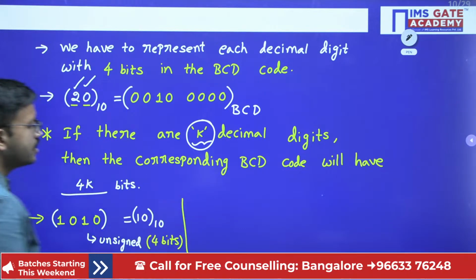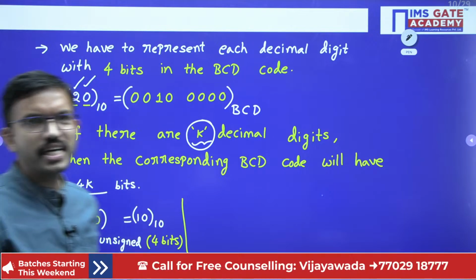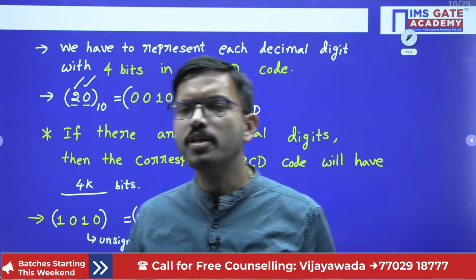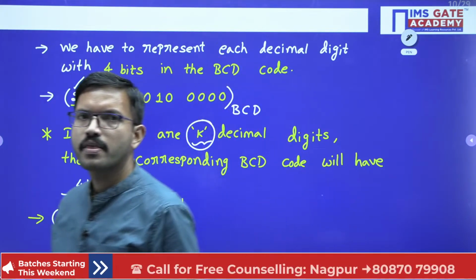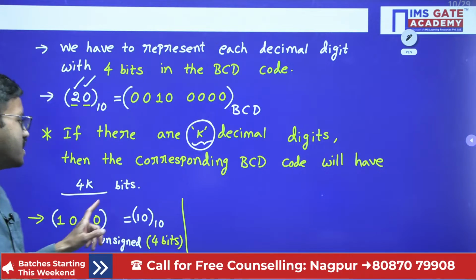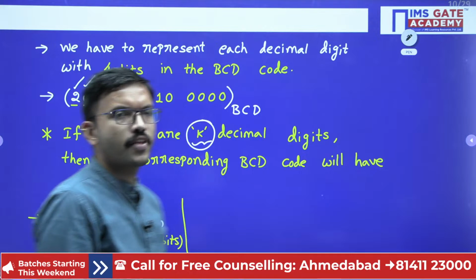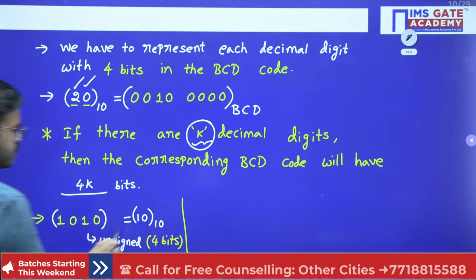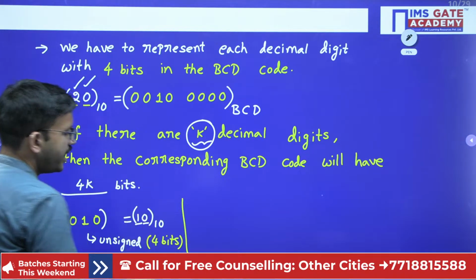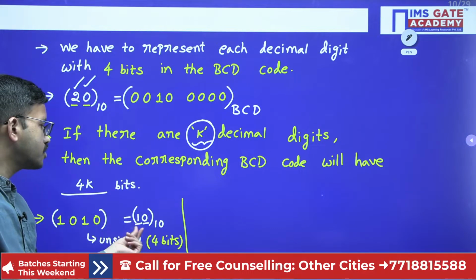Now tell me, for representing the decimal number 10 in the BCD code, how many bits do we require? Yes, we require 8 bits, because we have 2 decimal digits.